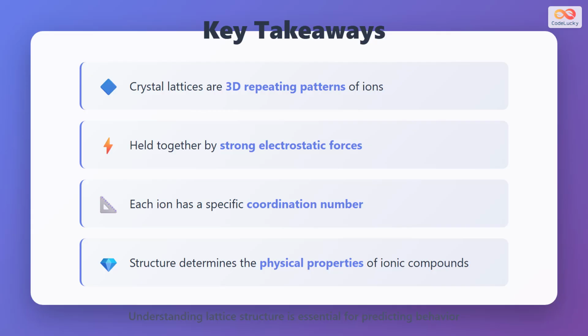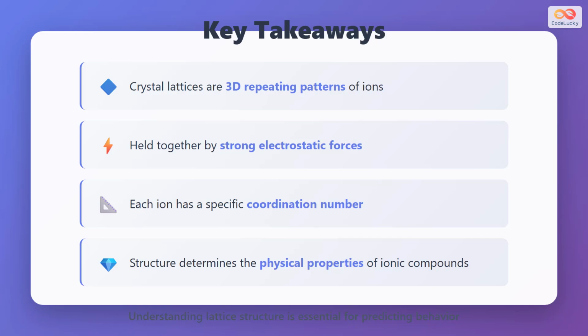Let's review the essential concepts. Crystal lattices are three-dimensional repeating patterns of ions that extend throughout the entire solid. These structures are held together by strong electrostatic forces of attraction between oppositely charged ions. Each ion in the lattice has a specific coordination number, which tells us how many oppositely charged neighbors surround it.